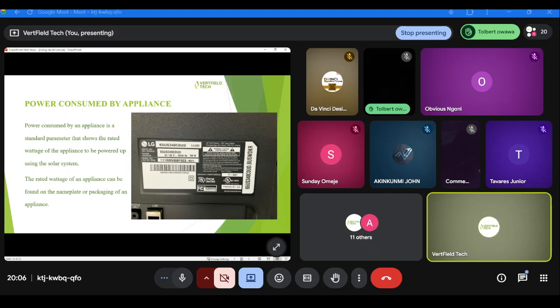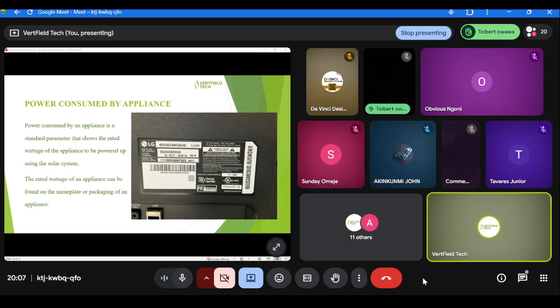We also have the other one we call the power consumed by the appliance. The power consumed by the appliance tells you the rated wattages of each and every appliance. How can you get it? You can get it from the nameplate of each appliance.